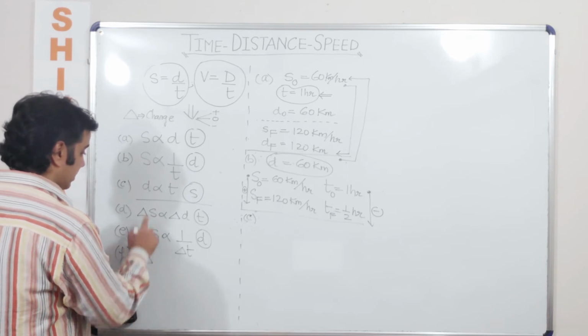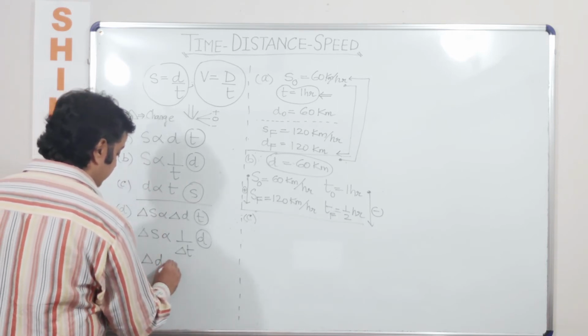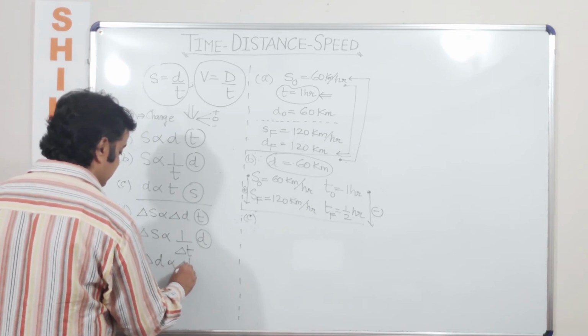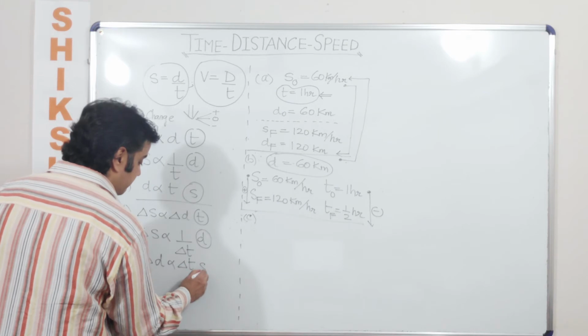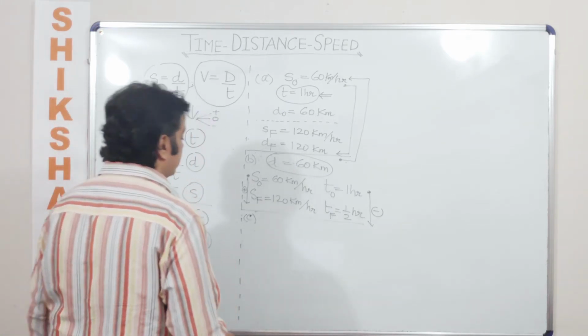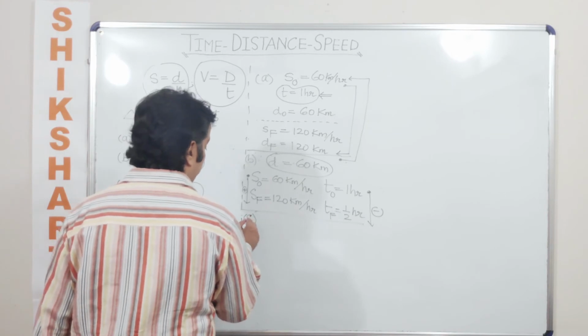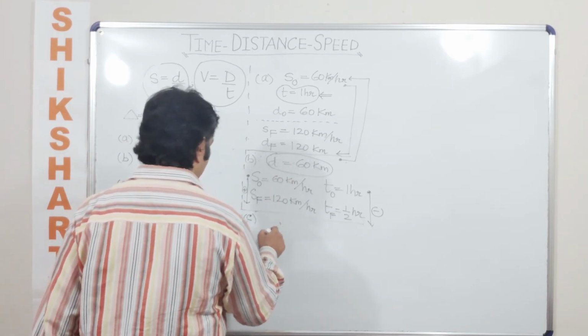So by now we know that the changes in the distance of travel will also be directly proportional to the change in the time taken to travel at the same speed, right? Okay.